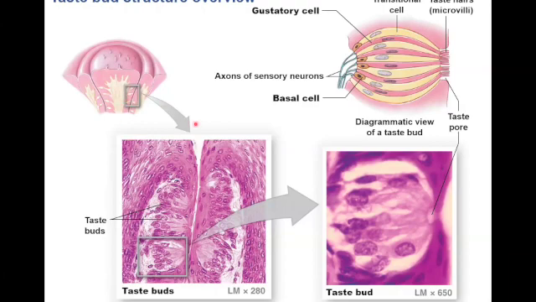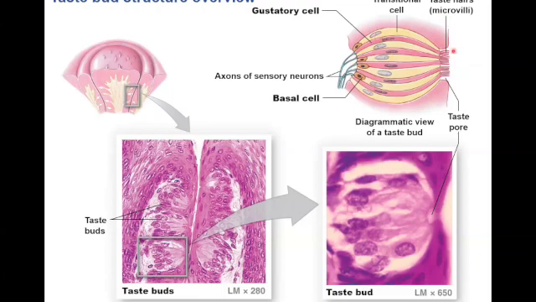This image here is showing you a histological slide of the same thing. This is one of the papillae, and you can see the taste bud here in the center. Here we're looking at only one of these taste buds, and here we're showing you an artist's representation of the same thing, so it's easier to understand.